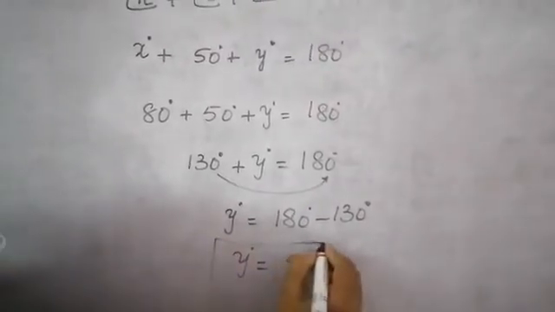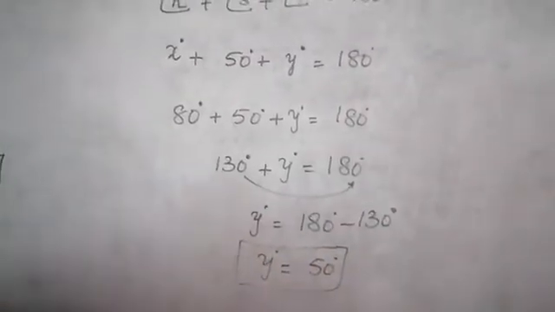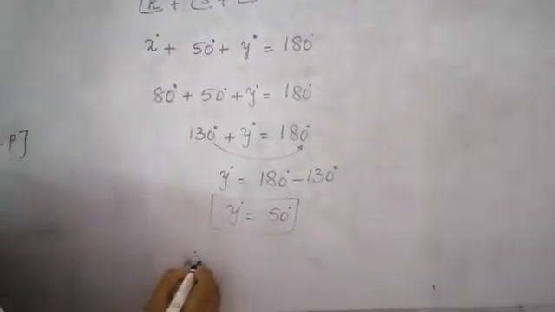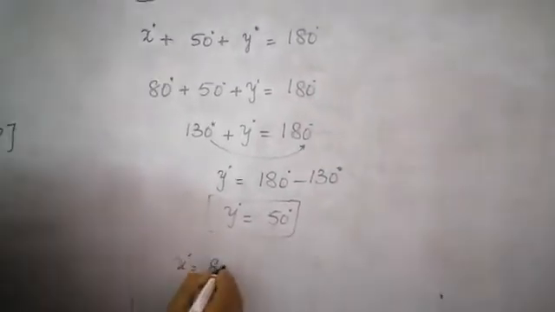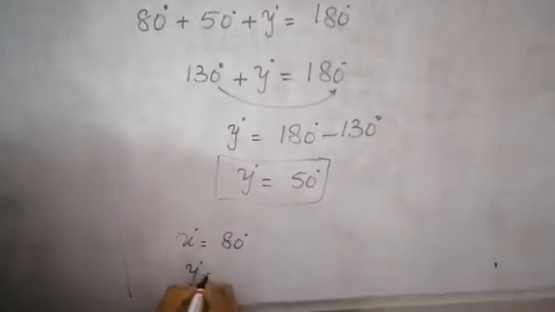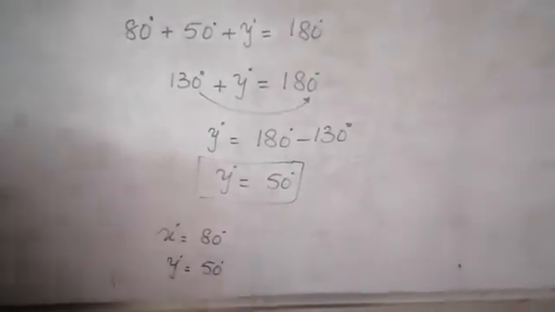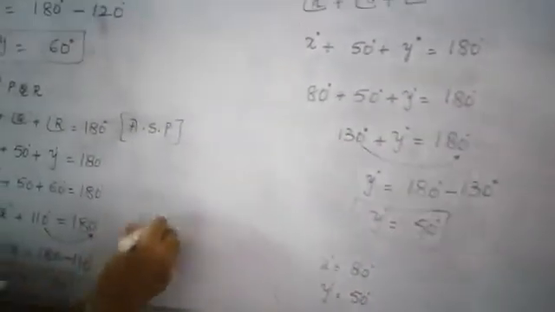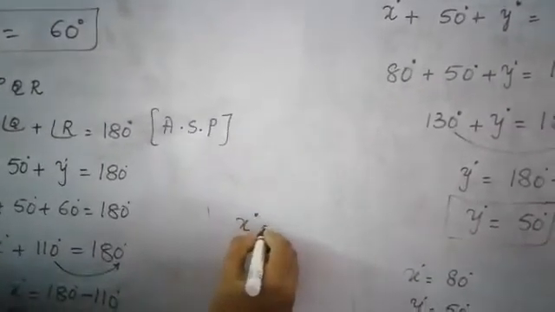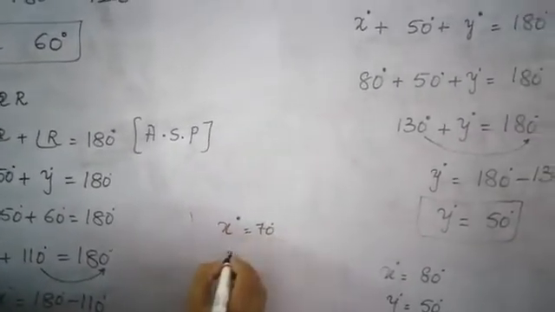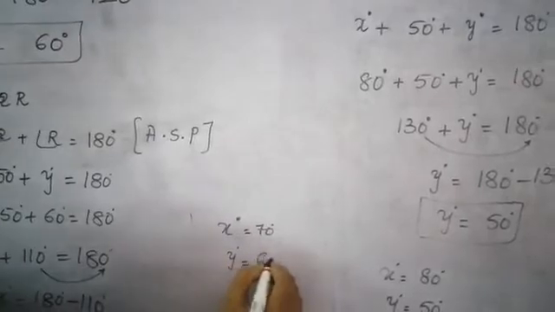We got y as 50 degrees and x as 80 degrees. So write down here x degrees as 80 degrees and y degrees as 50 degrees. Here x degrees as 70 degrees and y degrees as 60 degrees.